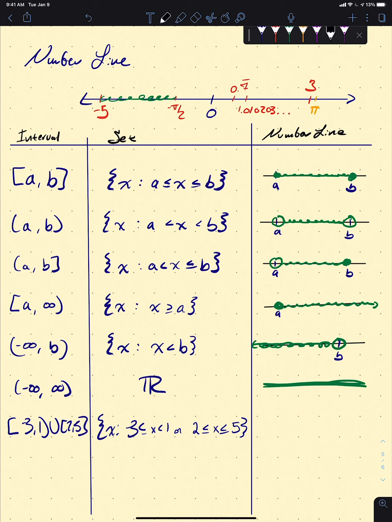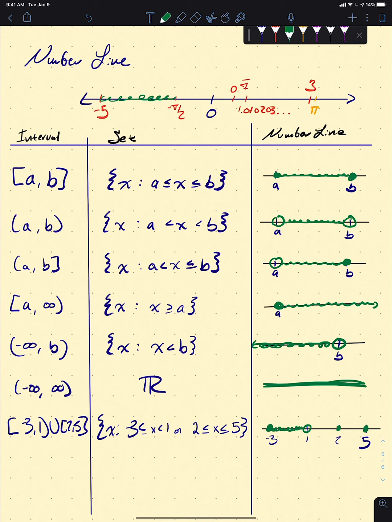What this looks like in our picture, we'll need all of the relevant points here. We'll need -3, we'll need 1, we'll need 2, and we'll need 5. We're talking about both of these intervals at the same time. So we're inclusive on -3, we're open on 1, we're inclusive on 2, and inclusive on 5.